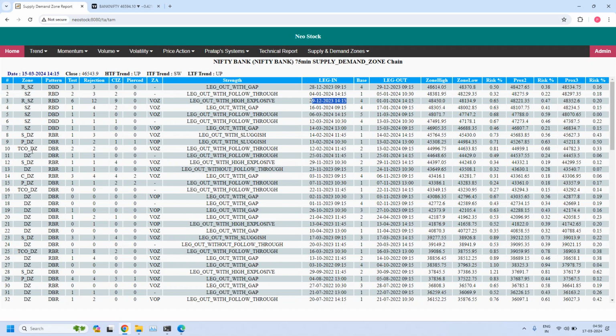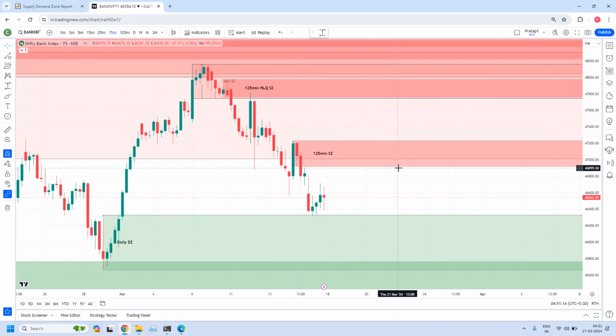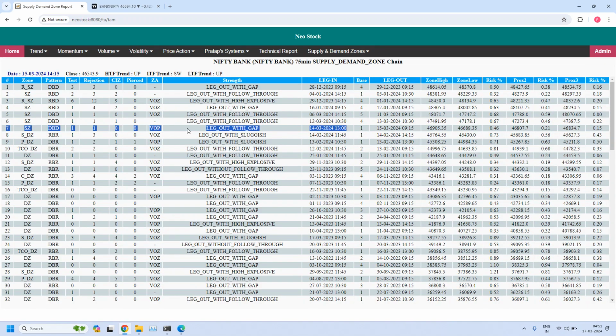Okay, all this. But what is the most recent supply zone? The 7th one. For reference purposes we will draw this. That is 14/3/2024. Is it 10:30? 14/3/2024 at 1 o'clock.